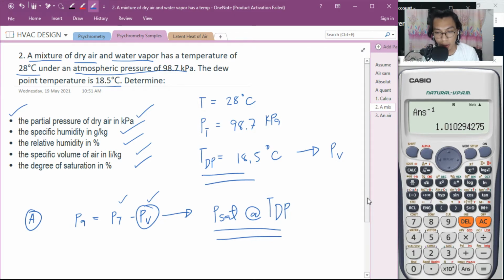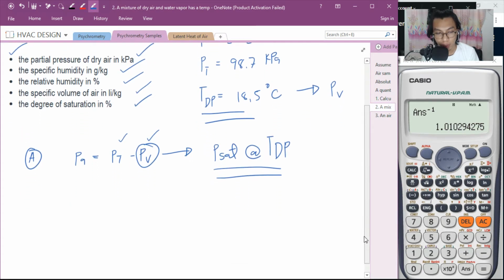What is the saturation pressure? Let's check. What is PV? I know it is between 19 and 18. At 18, you get 2.0640. At 19, you get 2.1975, all in kilopascals.